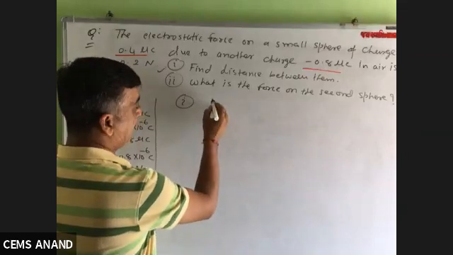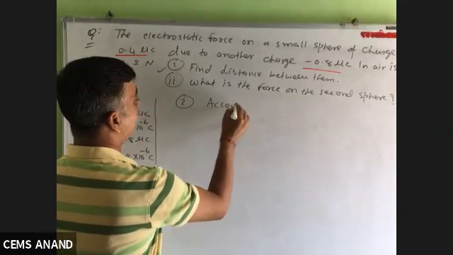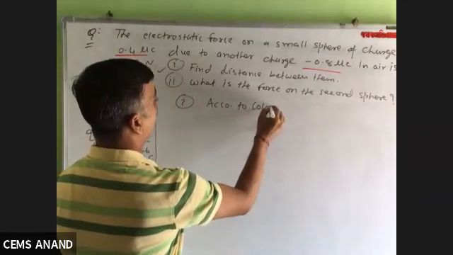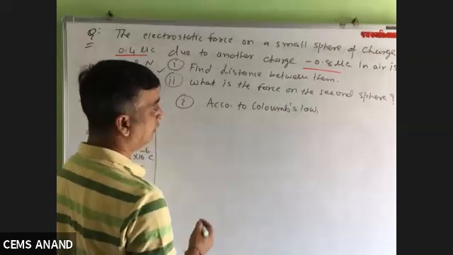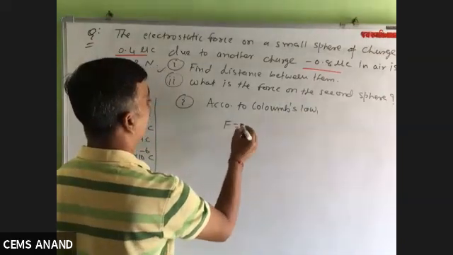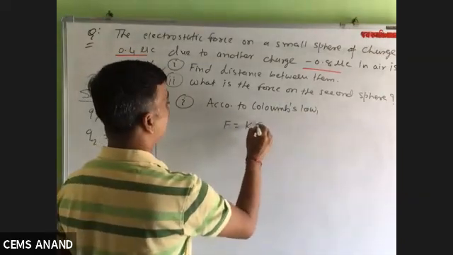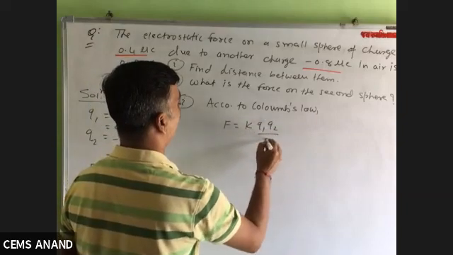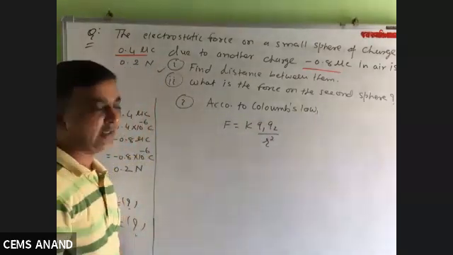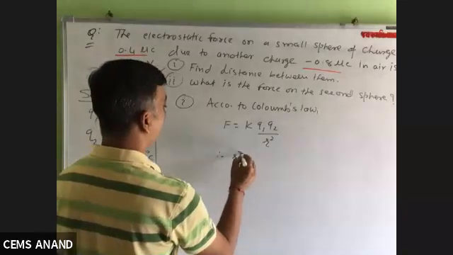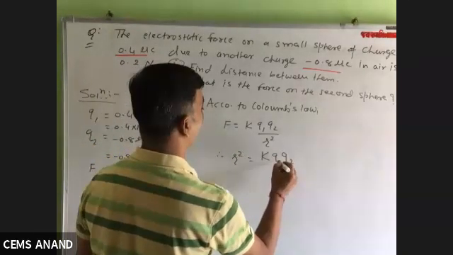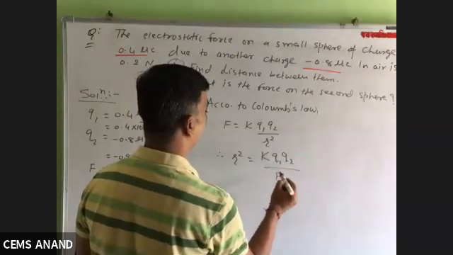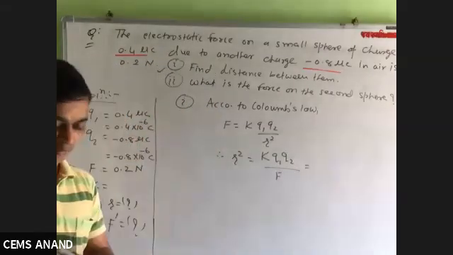Write down properly that according to Coulomb's law, F is equals to K Q1 Q2 by R square. That's why R square is equals to K Q1 Q2 by F. Then you will get your answer.